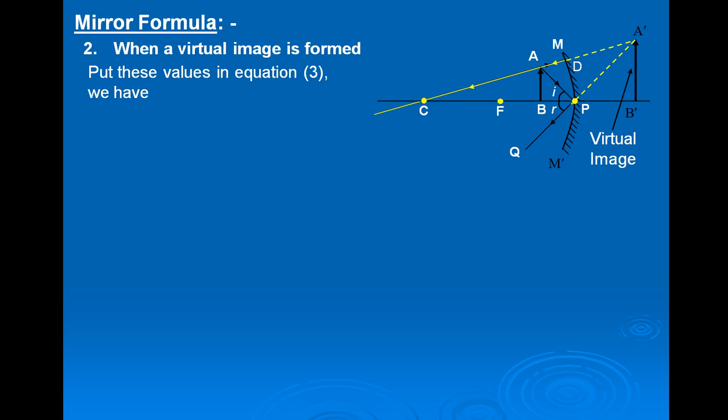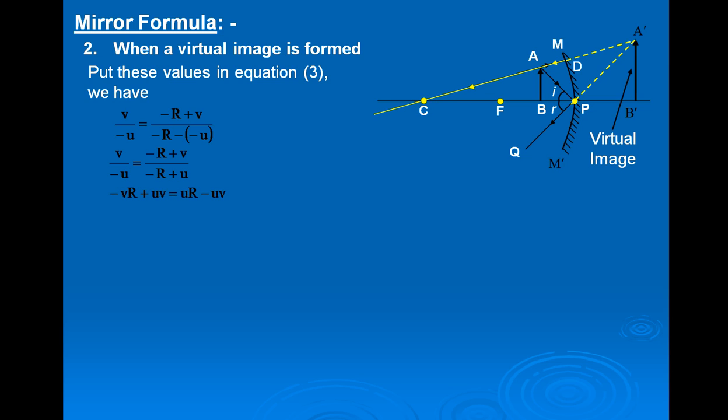Putting these values in equation 3, we have v upon minus u is equal to minus R plus v upon minus R minus u. Now minus minus becomes plus. Therefore, v upon minus u is equal to minus R plus v upon minus R plus u.